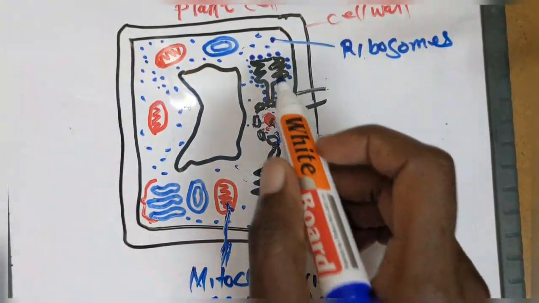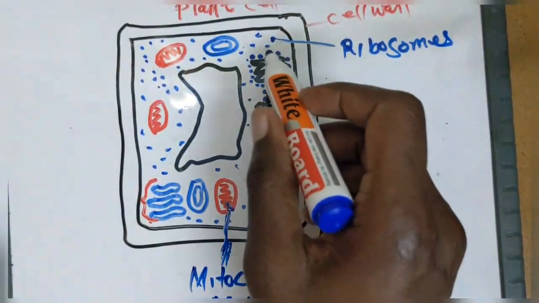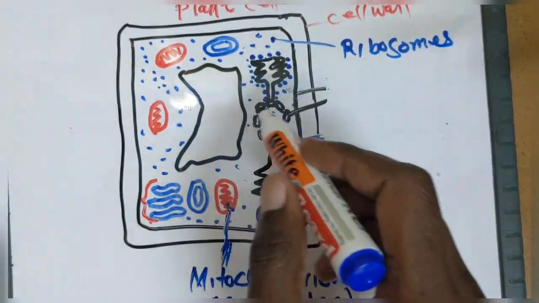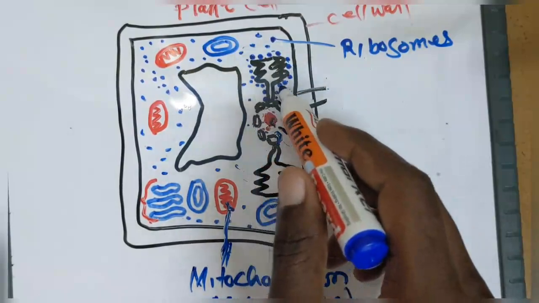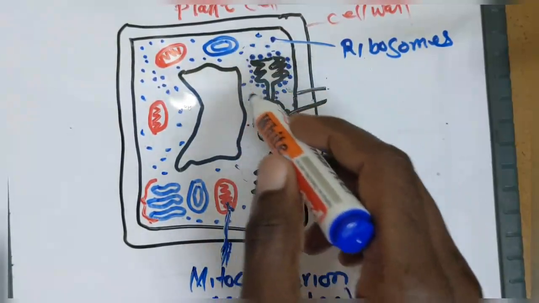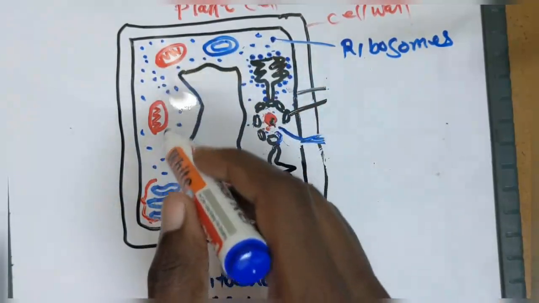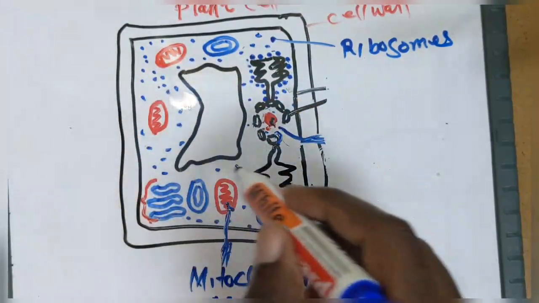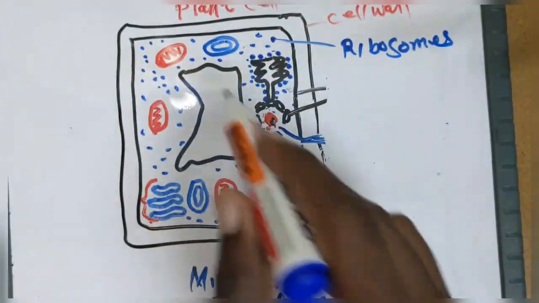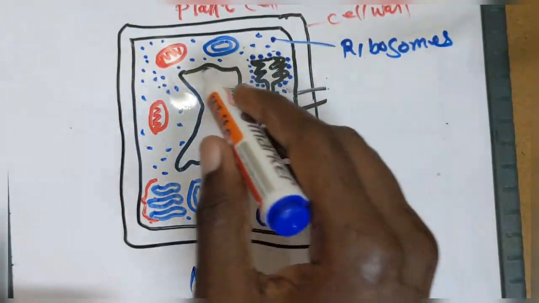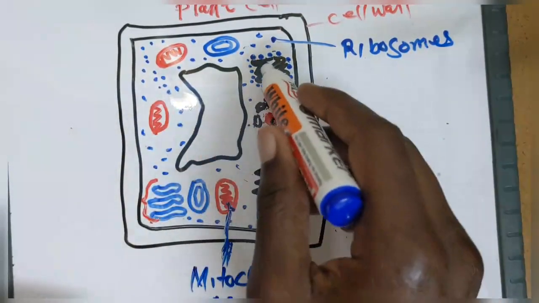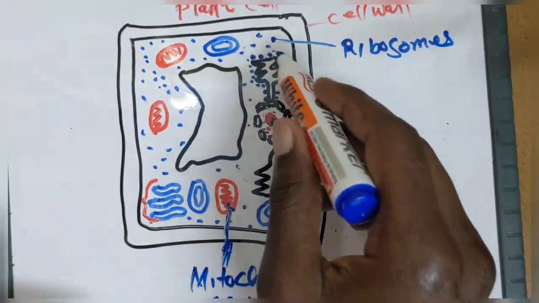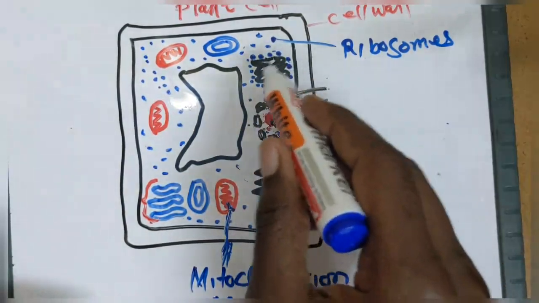If you see this part here, these are ribosomes. Some just flow freely in the cytoplasm, the fluid inside, while others are attracted to this part here.